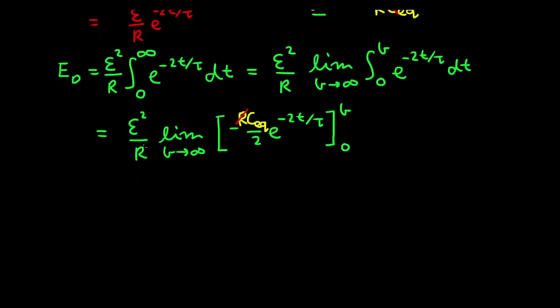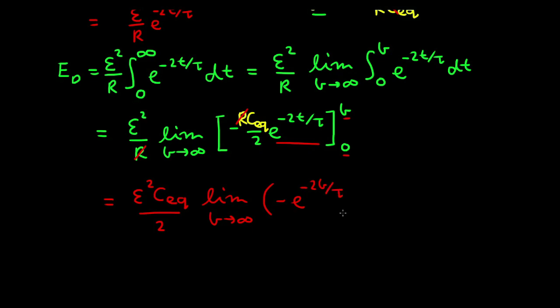So therefore R will cancel, and what we get is epsilon squared by the equivalent capacitance on 2, and we're taking the limit as b approaches infinity, and then evaluating this expression at 0 and b, we have minus e to the minus 2b on tau, and then minus minus e to the 0, which is 1.